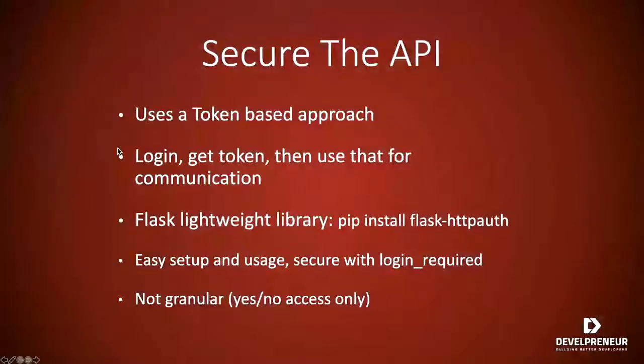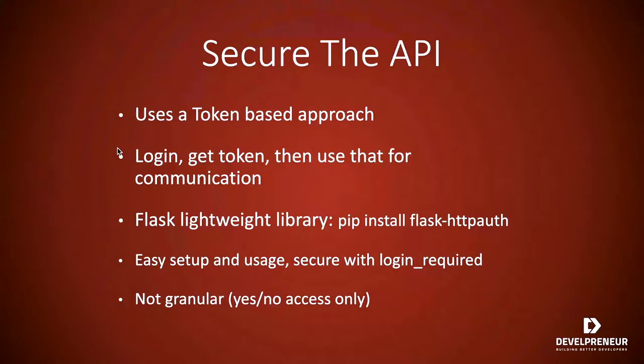So one of the things you want to do is secure your API. You've got this hook into your application that now the external world can mess with. Well, the next step is I want to be able to secure that. I want to make sure that only authenticated users can do so.